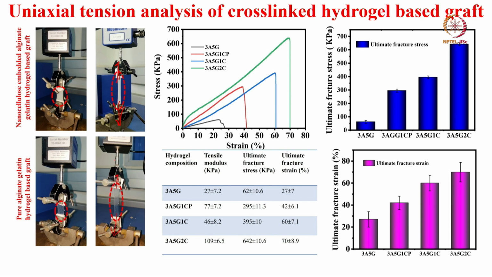Now you can see how these materials undergo tensile deformation. Alginate gelatin goes up to 600 kilopascal, which means 0.6 megapascal, whereas 3A5G without nanocellulose particles is hardly 50 kilopascal. So, 50 to 600 is almost a 12 times increase.